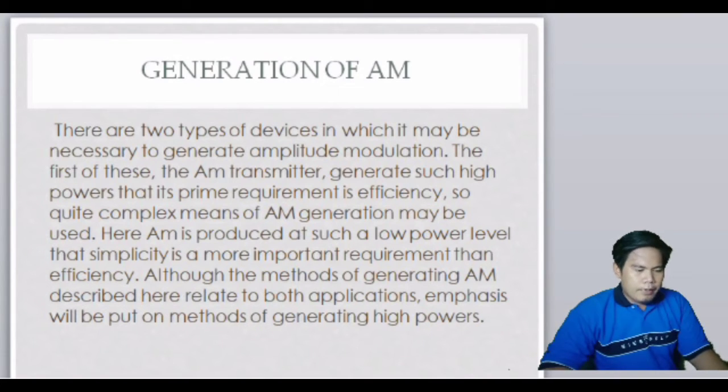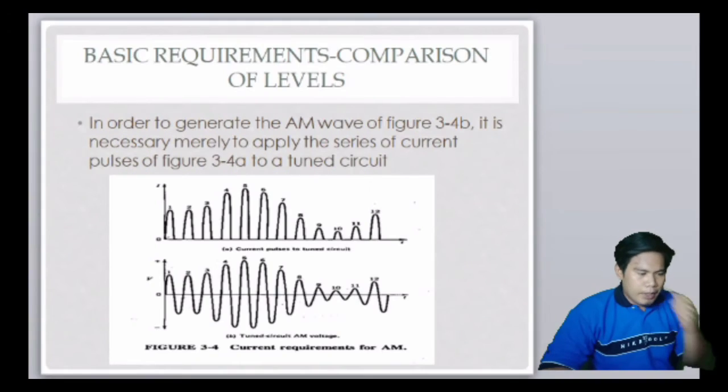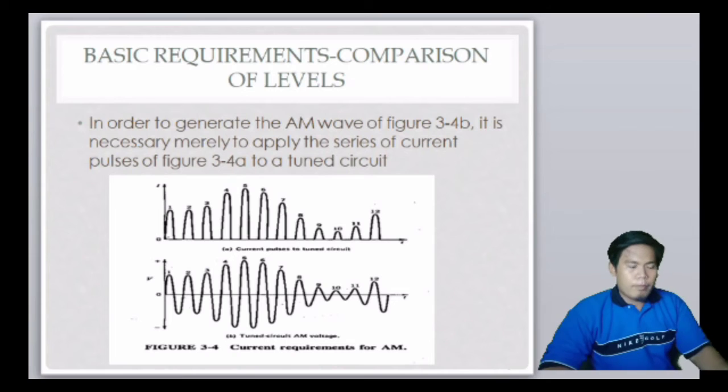In the second, AM is produced at such a low power level that simplicity is a more important requirement than efficiency. Although the methods of generating AM described here relate to both applications, emphasis will be put on methods of generating high powers. Basic requirements and comparison of level.